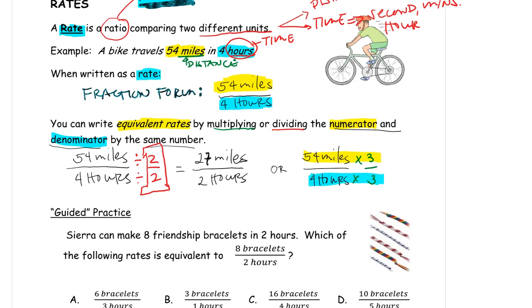If you have 3 over 3, you're not changing the value, because essentially you're just multiplying by 1.